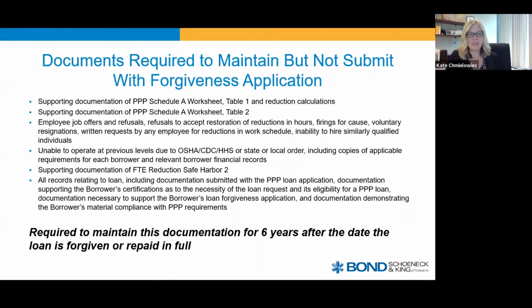Okay, so what you see here is the documents that you have to maintain, but do not need to be submitted with your forgiveness application. Again, we've talked about this before. You do not want to be in a position a year from now when you're trying to remember why you made a certain decision, what your attempts were to rehire someone, what they said when you did it, when you were trying to find a similarly qualified employee, what you were doing.